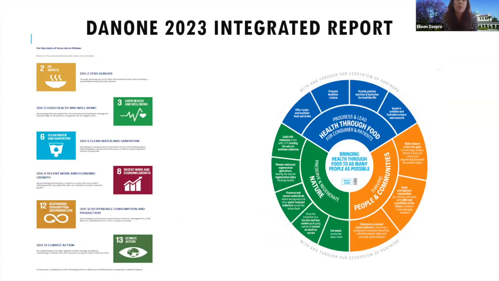And then lastly, just to wrap up, I wanted to show you a couple of examples of companies that I think are doing this relatively well. Dynon does a pretty good job with this. These are some screenshots from their integrated report. You can see here Dynon has chosen 6 different SDGs to focus on.